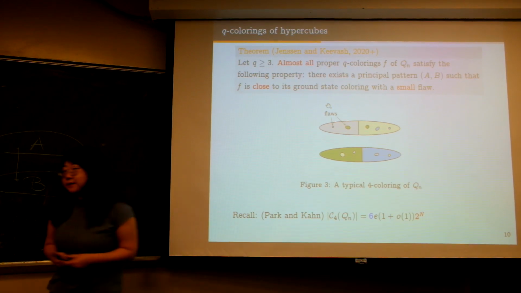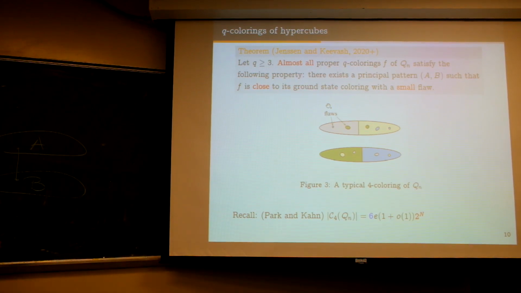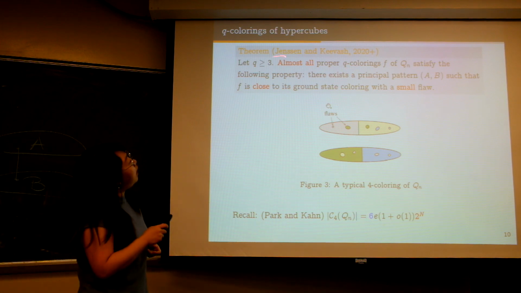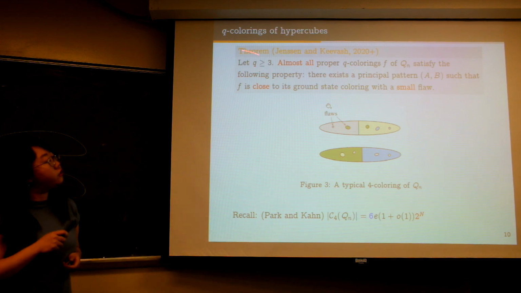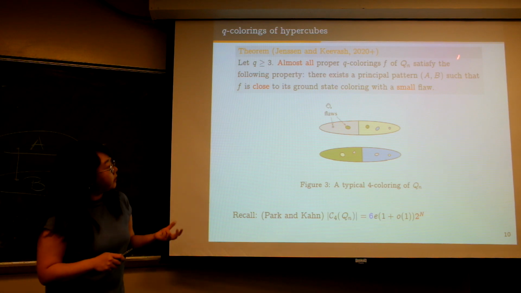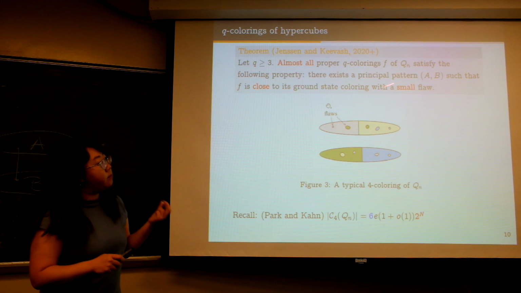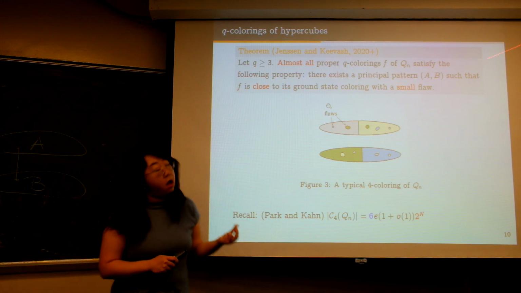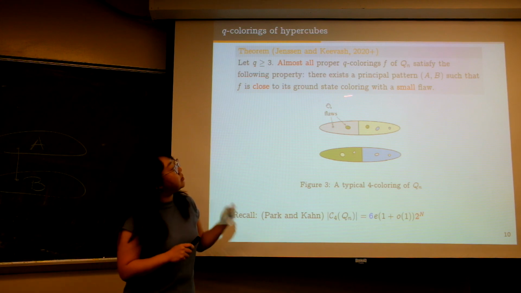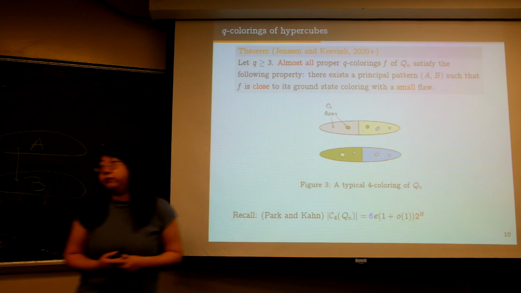So that's the main result of the Jenssen-Keevash paper. They say that for any Q at least 3, for almost all proper Q-colorings, there exists some principal pattern A and B such that f is close to a ground state coloring, with only a small flaw.